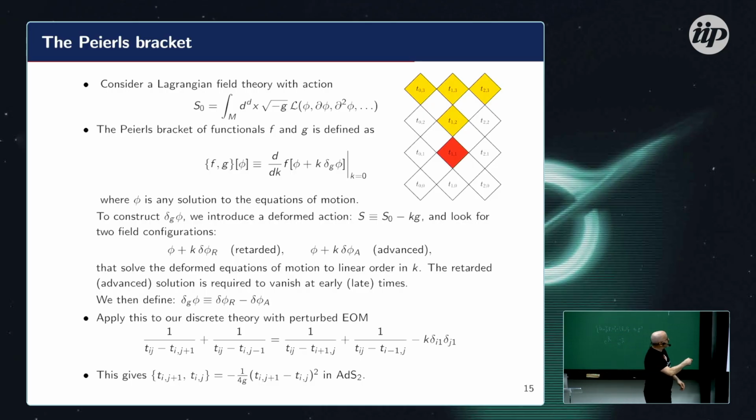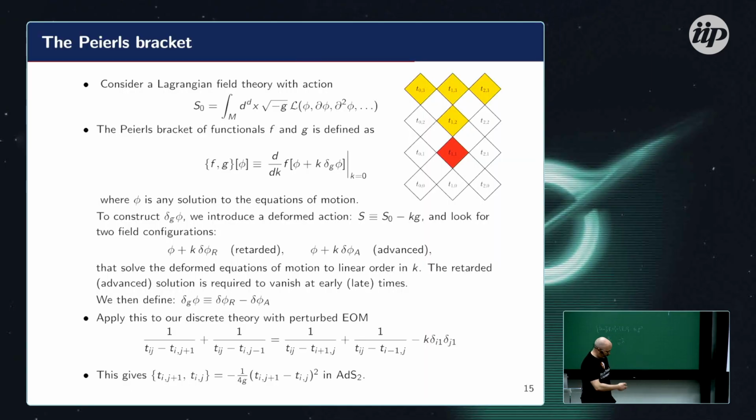Okay, so Peierls introduced this for continuum field theory, but actually it also works for discrete theories like this one, because this is also a relativistic theory. It inherited relativistic properties from the Nambu-Goto theory. So here's my equation of motion, and I can perturb it as the recipe says, and compute the Poisson bracket, and I get this for two neighboring time variables.